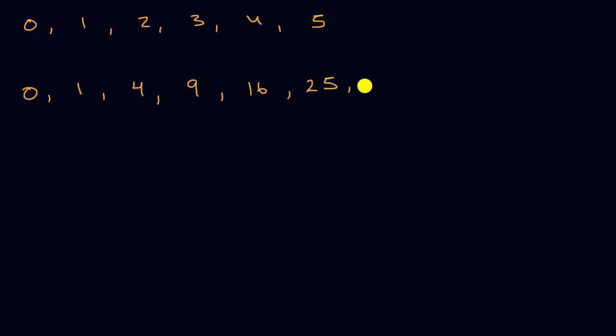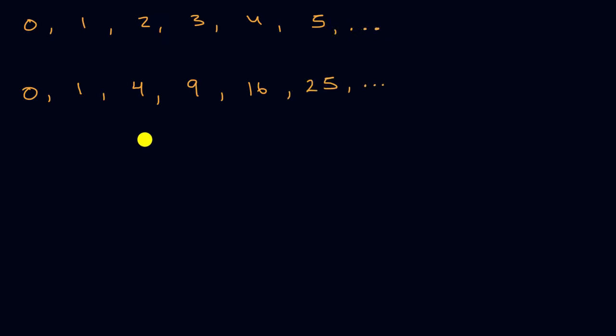So if I were to list out some integers, I could go 0, 1, 2, 3, 4, 5. And if I were to create a sequence of integer squares, well, 0 squared would be 0, 1 squared would be 1, 2 squared is 4, 3 squared is 9, 4 squared is 16, 5 squared is 25, and we could, of course, keep going in either case.